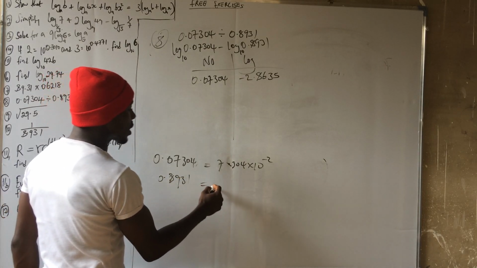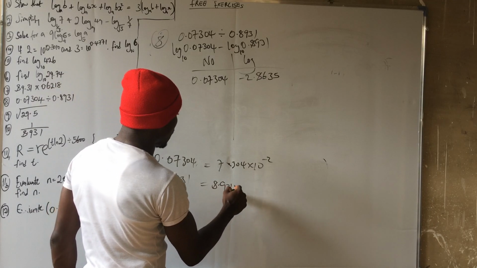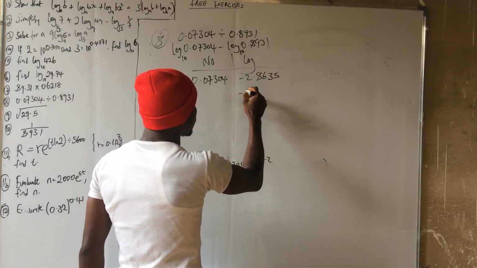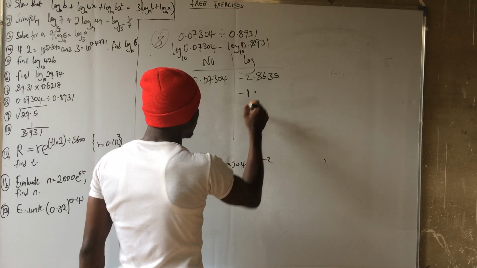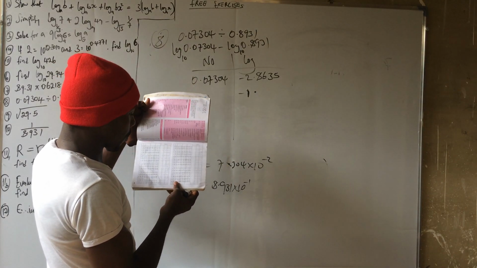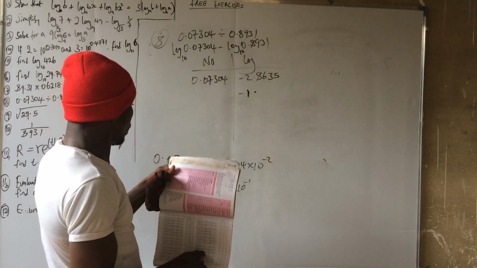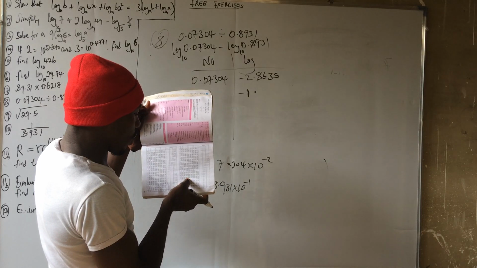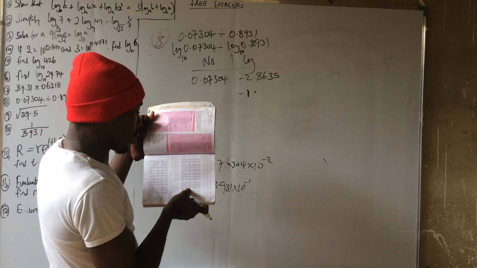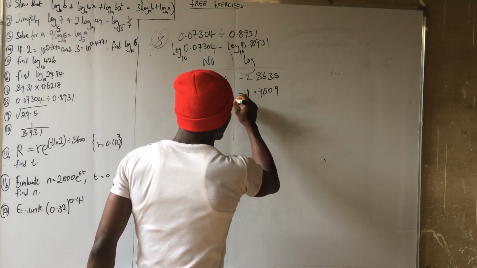Now the next one is 0.8931. We express it in standard form to give us 8.931 times 10 raised to the power minus 1. So we have negative 1 here. We now check for 89 under 3 difference 1. The logarithm of 89 under 3 is 9509. Difference 1 is 0, so 9509.